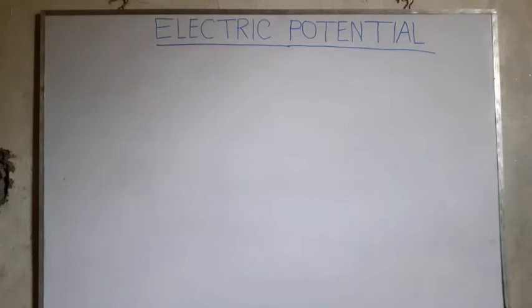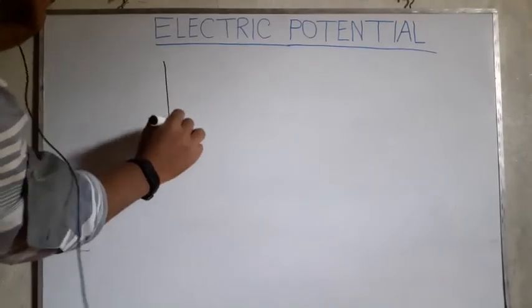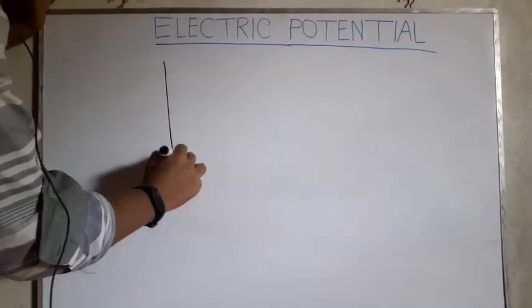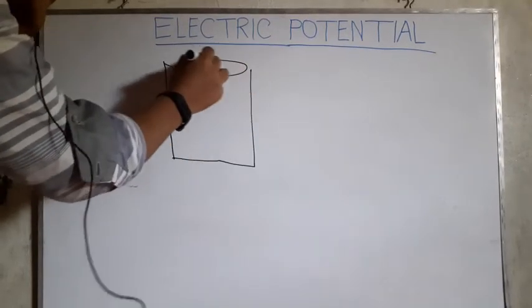Our today's topic is electric potential. At first, we will see the flow of water. Suppose this is a water container.